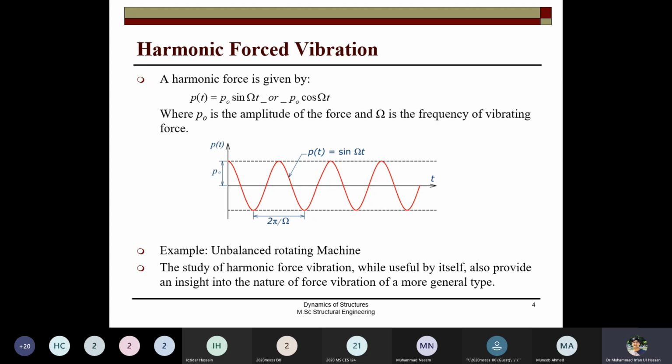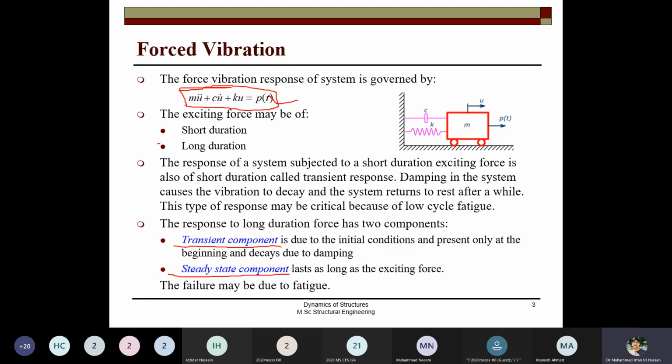So how can you represent that? Steady state response, I will explain in the next slides how you can show the steady state response and transient response on a single graph. Of course, it is the longer term response, when the force remains for a long time. As long as the force remains on the system, the steady state response lasts.